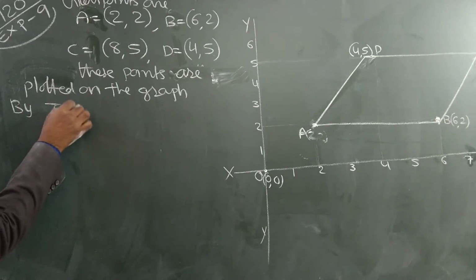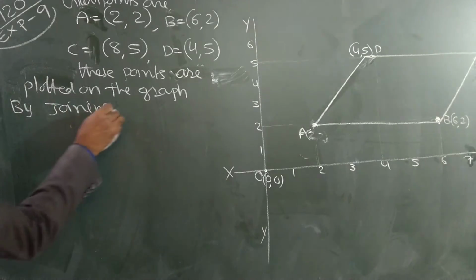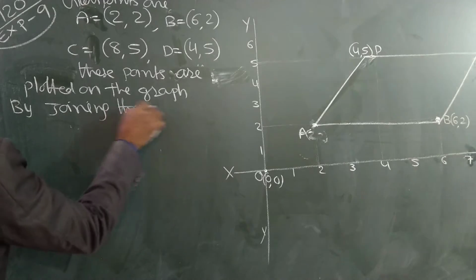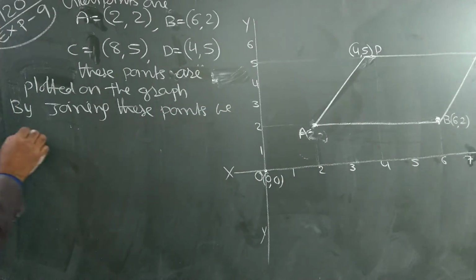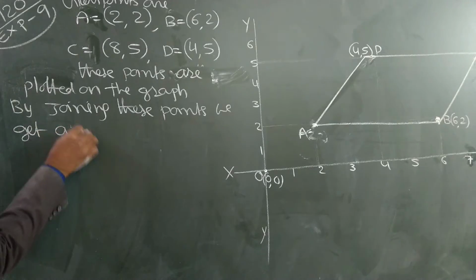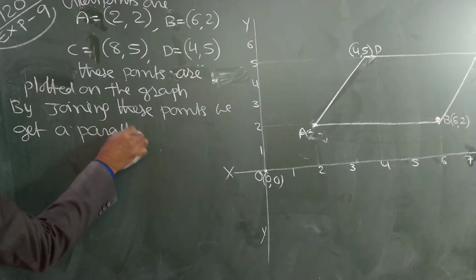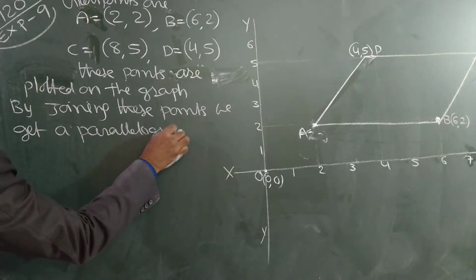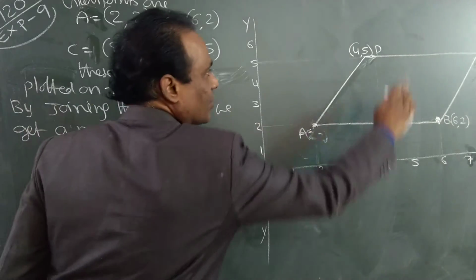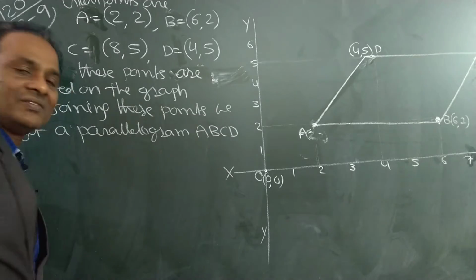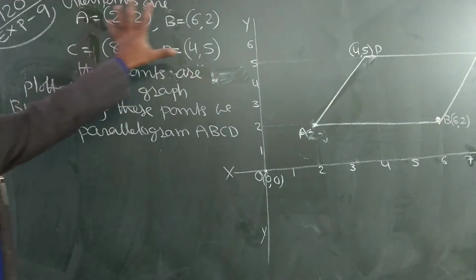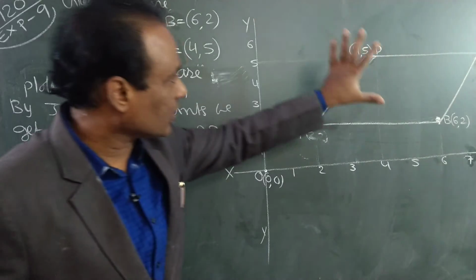By joining these points, we get a parallelogram. What figure did we get? Parallelogram. What is the name of the parallelogram? ABCD. So these are the given points, and these are plotted on the graph.